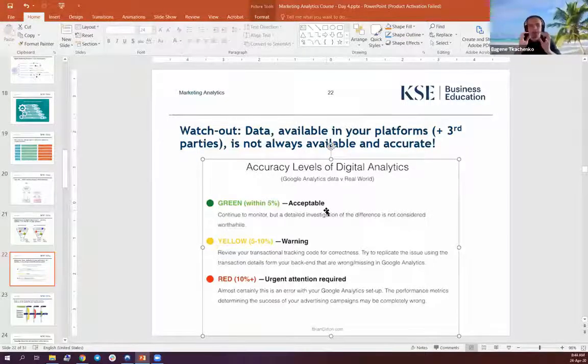Every particular platform has its physical limitations. For example, Google Analytics can properly track, and again I'm just making numbers up but you will understand the logic, 1,000 visitor interactions per particular day or particular moment of time.